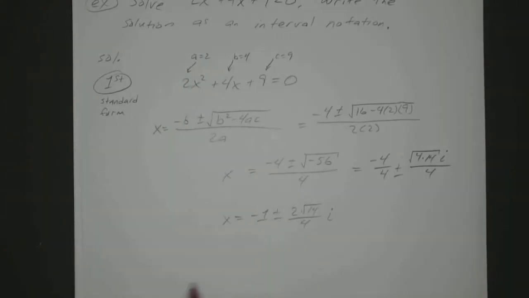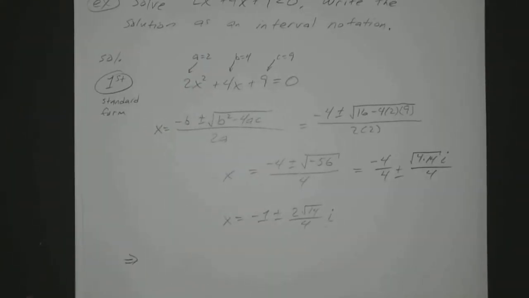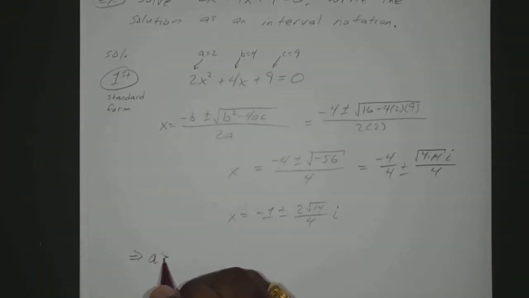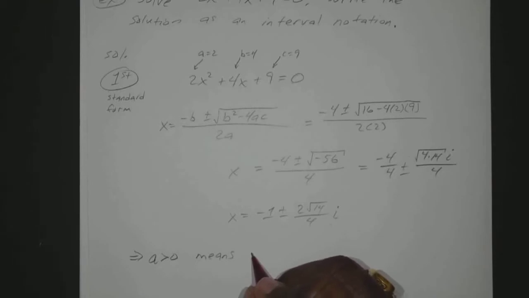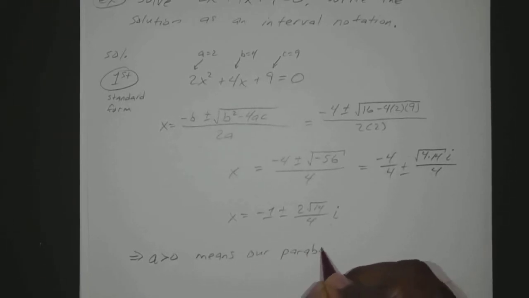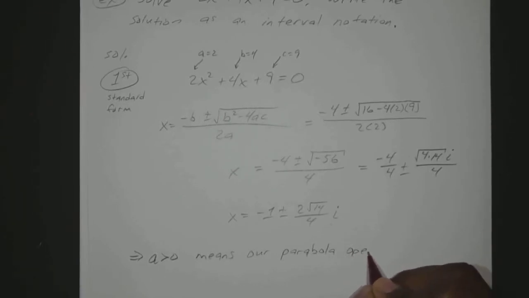Okay, so here we can also tell, since our a is equal to 2, a is greater than 0, which means that the parabola is pointed upwards in both directions. It's kind of U-shaped, so it opens upward.